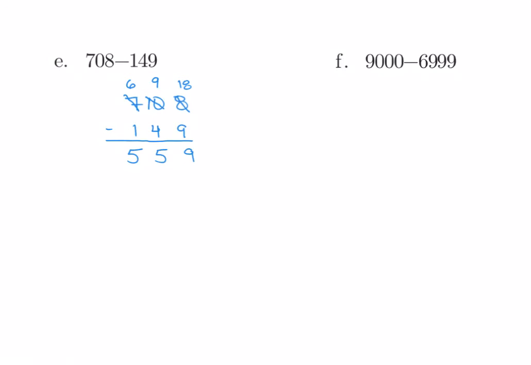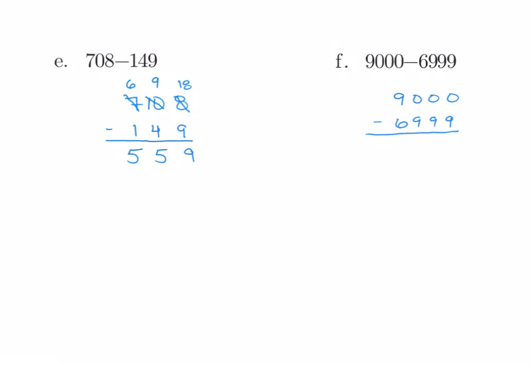All right, last example we have is 9,000 minus 6,999. So this is going to be kind of the epitome of our borrowing problem. I'm going to put my 9,000 on top, my 6,999 on bottom.